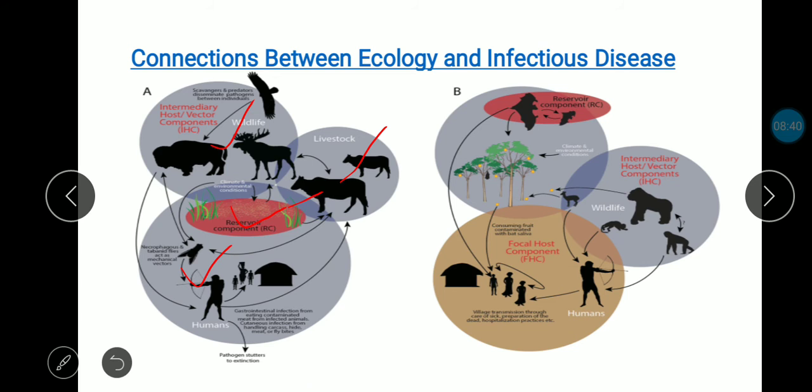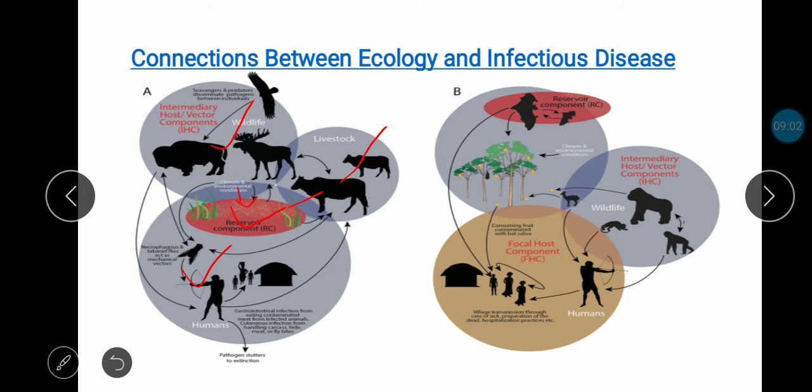Then after the decaying of dead bodies of wild animals, it enters the soil, and in this way the cycle gets repeated and completed many times, and the pathogens reach the next type of reservoir.